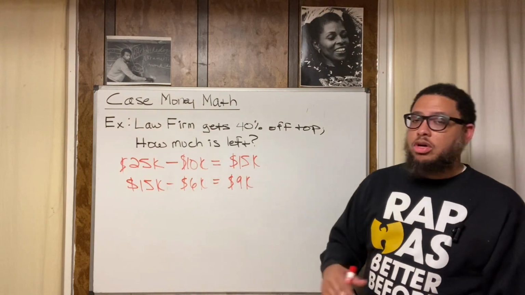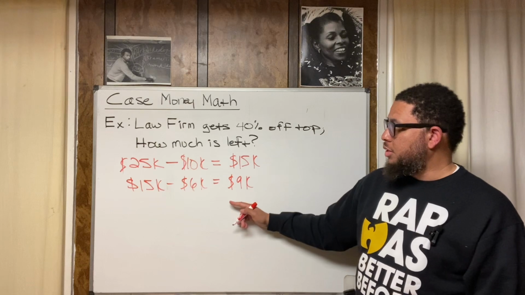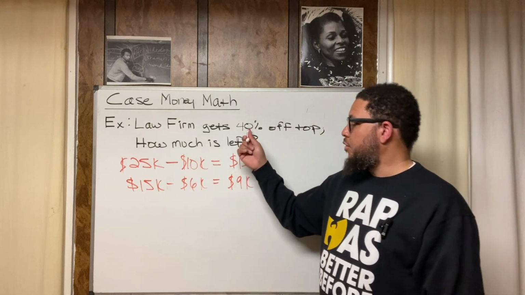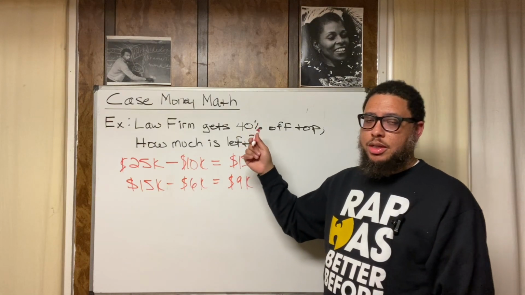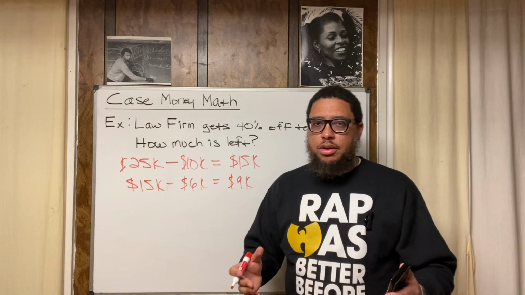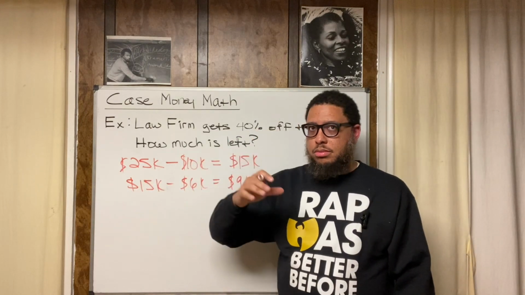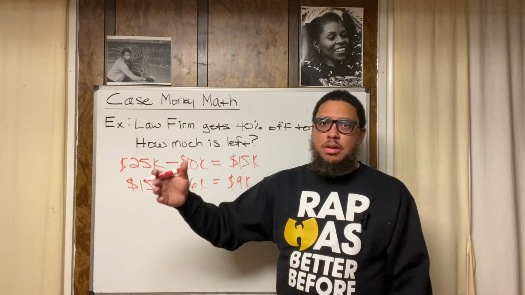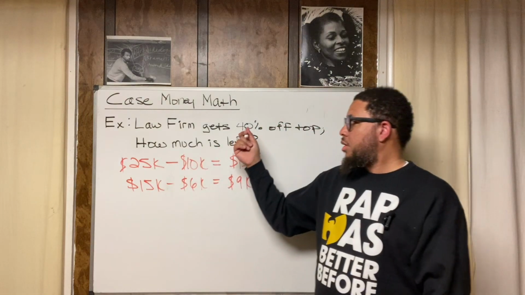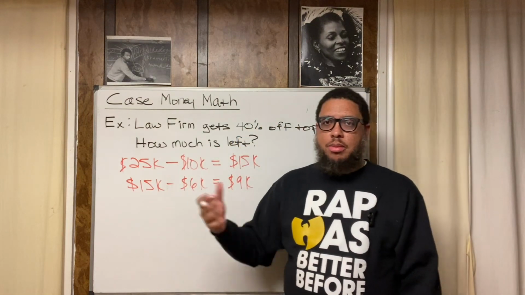Now, let's talk about another way to figure out what we just did. Now, if we know that the law firm is getting 40% and altogether our total is 100%, right? The amount that the law firm doesn't get versus the amount that the law firm does get. 40 plus what number equals 100?